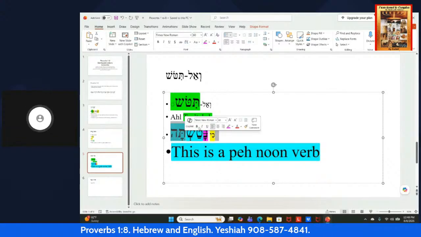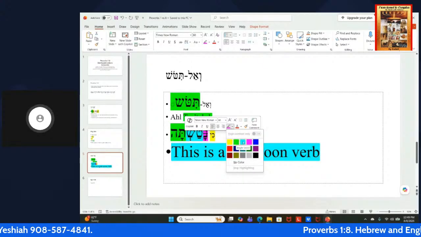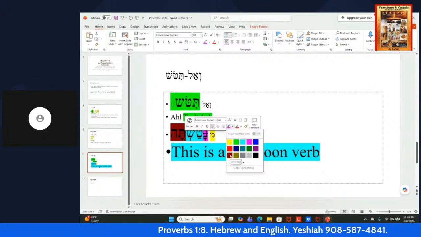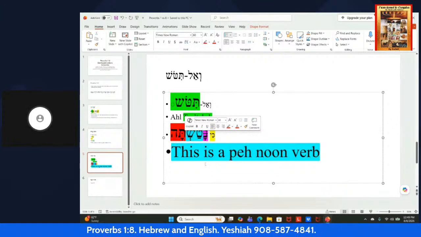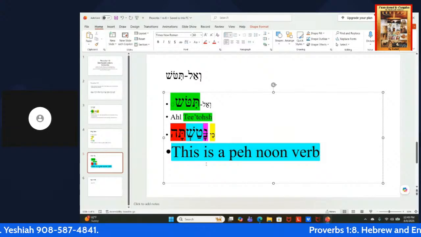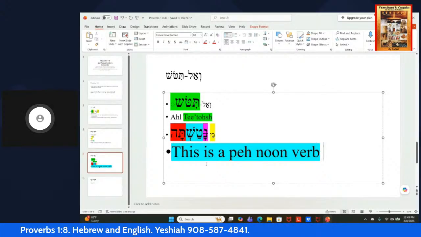In the matter of Hebrew, you know the past tense by the suffix. You know the future tense by the prefix.